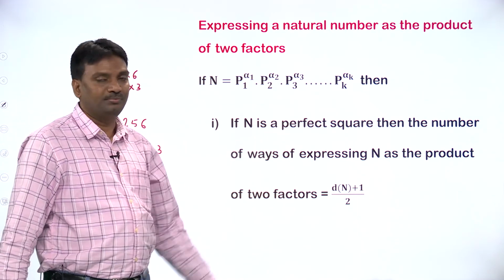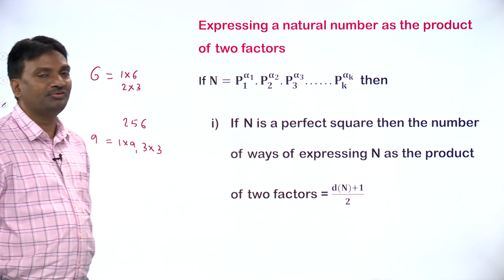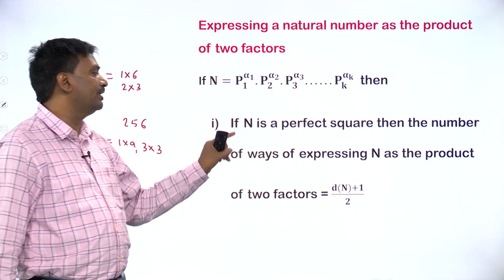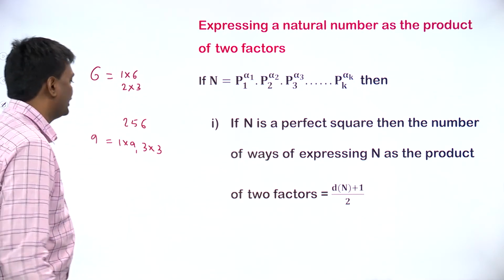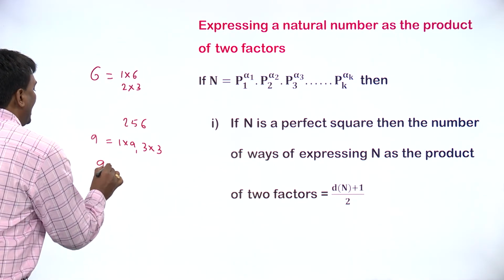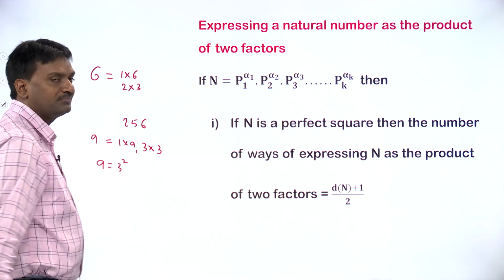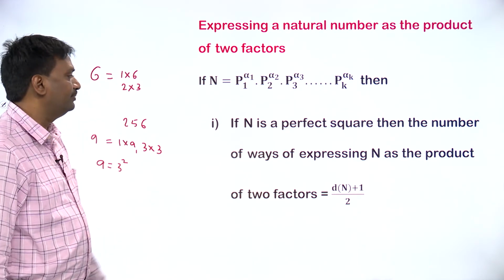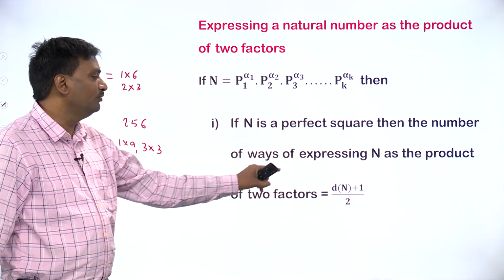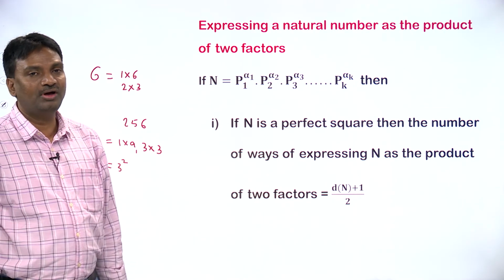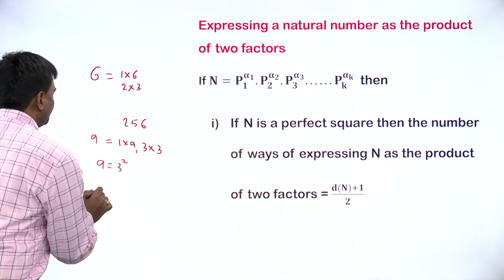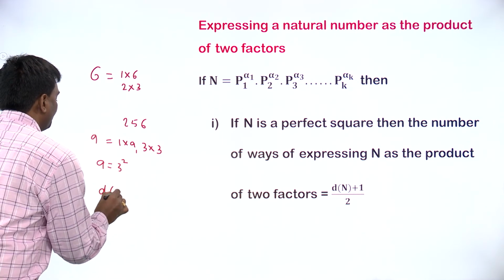Now, by using this formula, since 9 is a perfect square, which can be written as 3 square, the number of ways of expressing n as the product of two factors is (d of n plus 1) by 2, where d of n means d of 9.